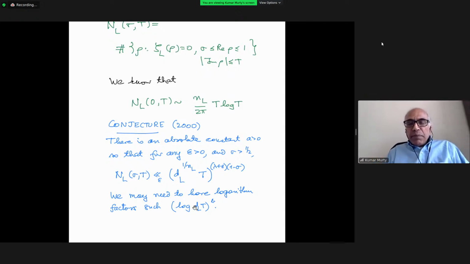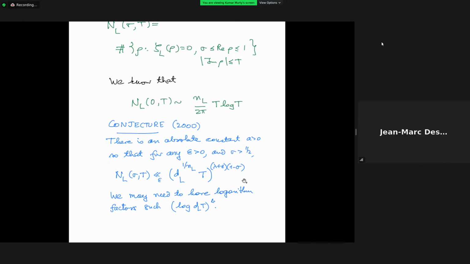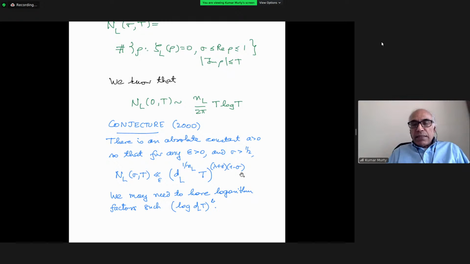And I'm not sure, but maybe you need to stick in a logarithmic term also, just to be on the safe side. Although over Q in general, you get estimates that don't have a logarithmic term, but then you don't have the root discriminant.